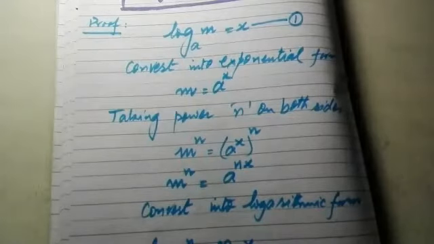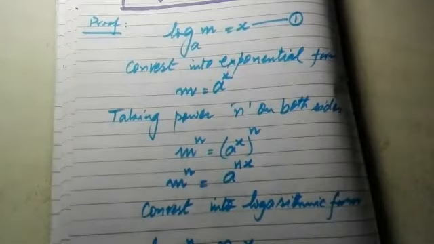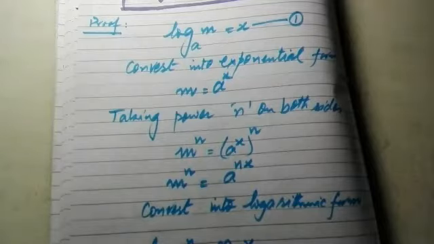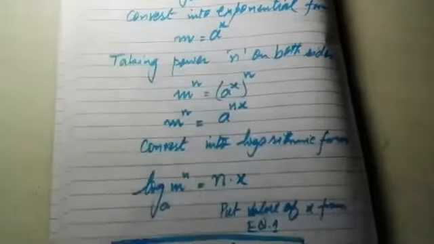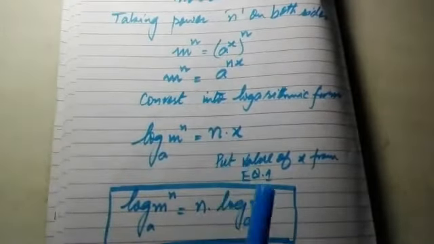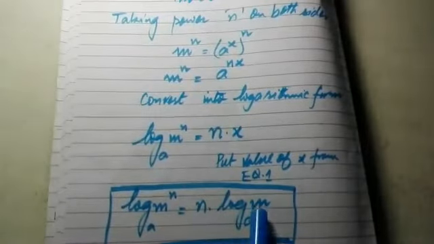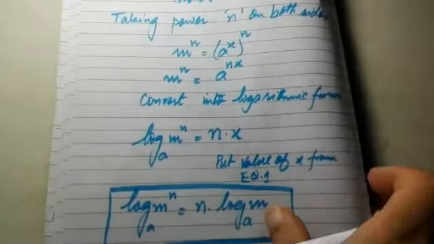So it will become log m raised to power n, and the base on the right hand side will become the base of the logarithm. It will become n times x. And we have already substituted in equation number 1. You can see that in equation number 1, x is equal to log m base a. So simply by substituting the value of x right here, you will get n times log m base a. So this completes the proof of the third law.